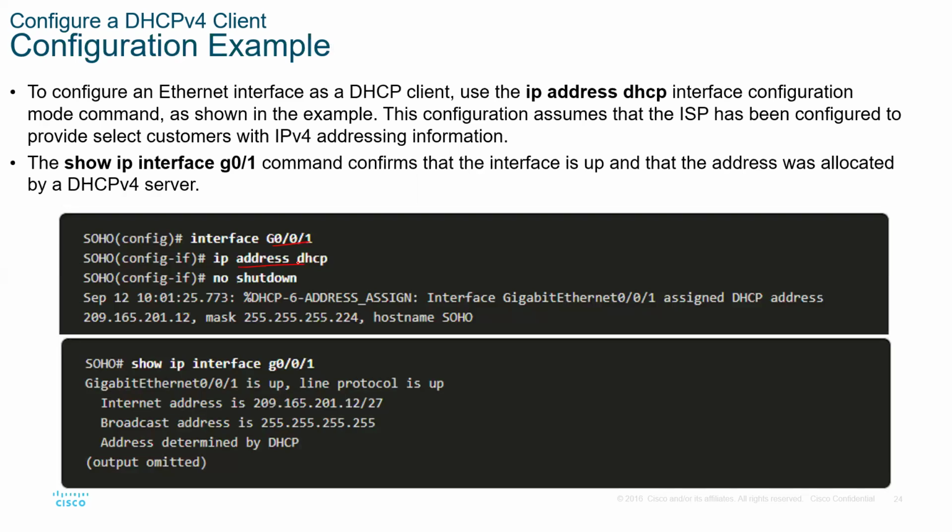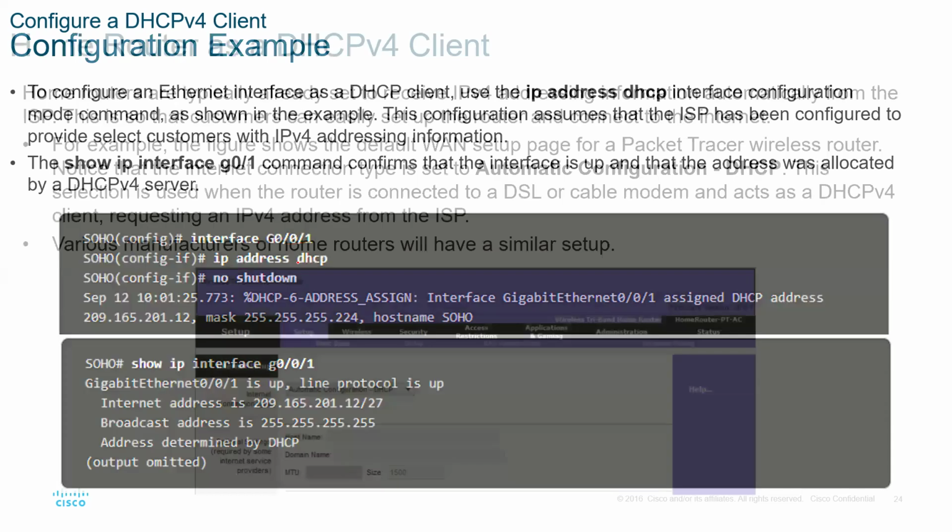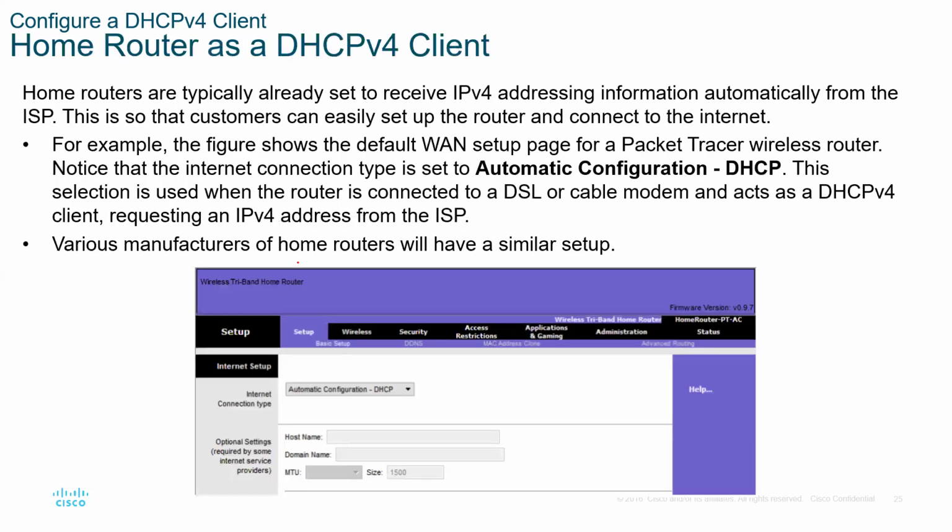In the basic cases we've been doing, the end devices were the clients getting addresses from the DHCP server. In this case, the router is acting as a client getting an address from the service provider.